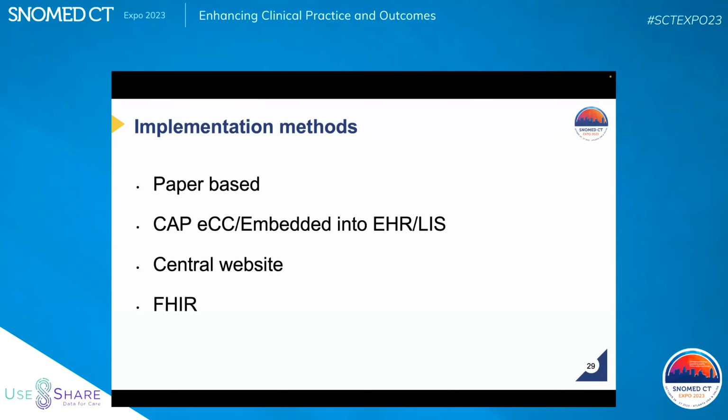This is the approach the CAP took when you first started. When was the ECC first? Electronic Cancer Checklist, now called the Electronic Cancer Protocol. 2009 was the first technical release. Since 2009, the College of American Pathologists has been publishing these bundles, and they're basically XML sheets.